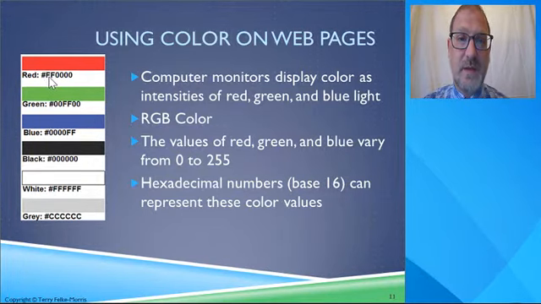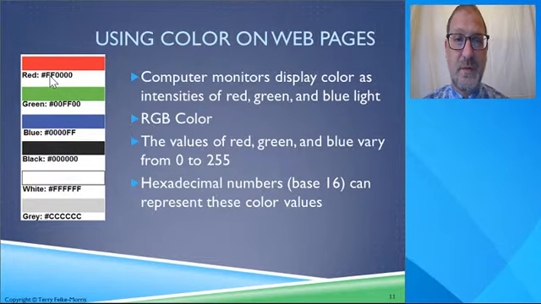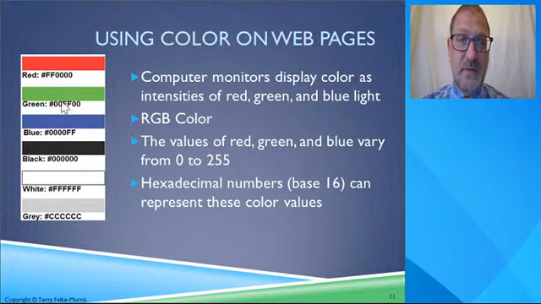This one gives us FF as the highest, so that's 255 for red, 0 for green, and 0 for blue. So RGB, red, green, blue, and that's the order. So to specify purely green, it's 00, FF, and then 00. And then for blue, 00, 00, and FF. So that says this is 255 in place of blue. So you have to kind of group these in pairs, if you will.